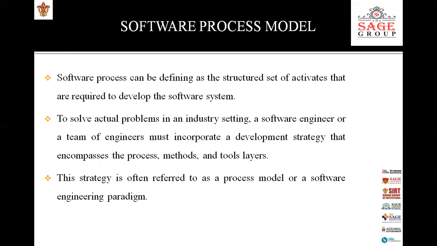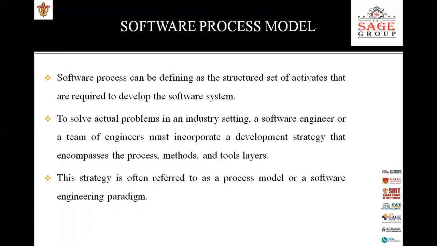A software process can be defined as the structured set of activities required to develop a software system. To solve actual problems in an industry setting, a software engineer or team of engineers must incorporate a development strategy that encompasses the process, methods, and tools. This strategy is referred to as a process model or a software engineering paradigm.